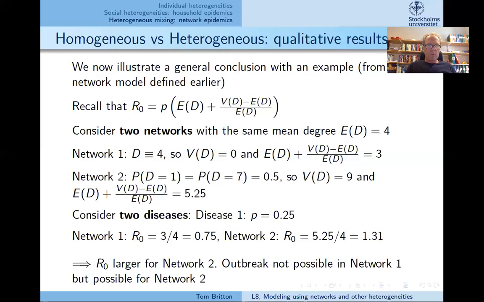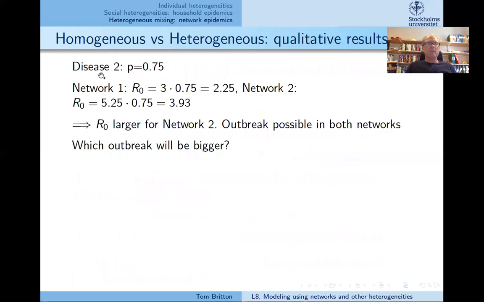But now we go to another disease which has higher transmission probability. So suppose disease 2 has higher transmission probability equal to 0.75. Then for that disease, network 1 has R0 equal to 2.25, and network 2 has R0 equal to 3.93.